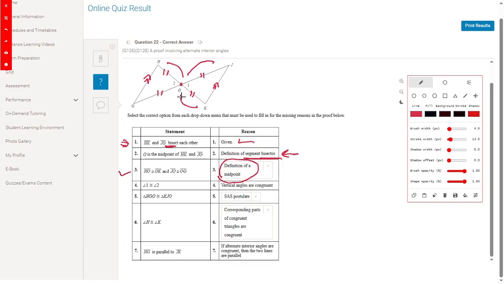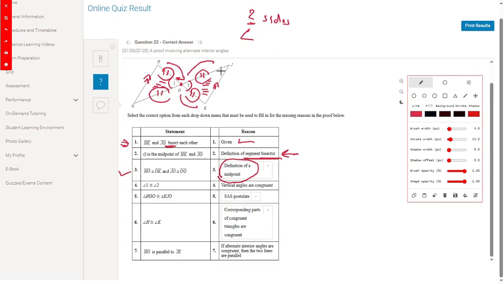Okay? So now for this triangle, I have this segment congruent to this segment of the other triangle, and this segment equal to this segment of the other triangle, and angle 1 and angle 2 are vertical angles, so they will be congruent and equal. So now I have two sides and one angle, right?